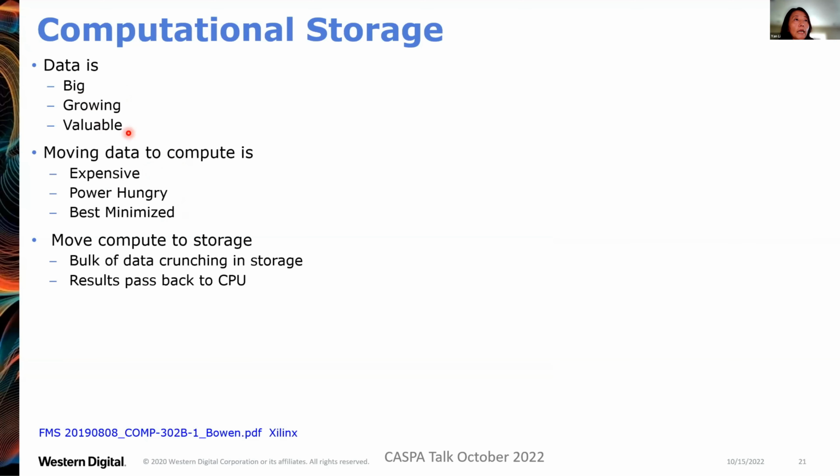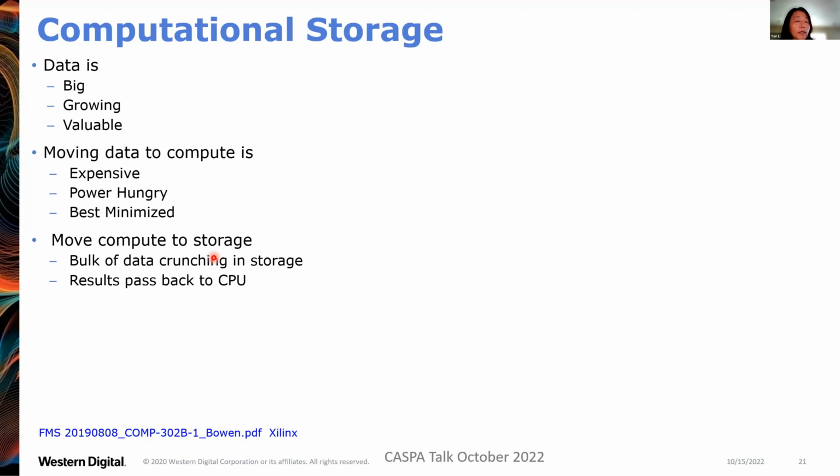Moving data means that in the conventional architecture, all the data has to move to the CPU or GPU to get processed. That's why power is a big problem, because we're moving all the data in and out.